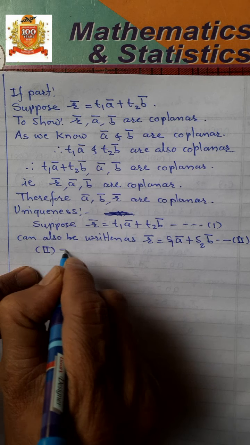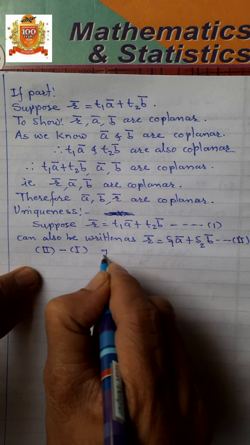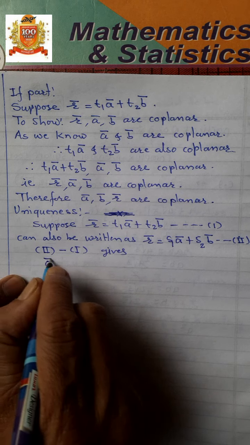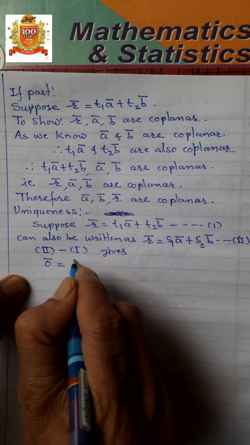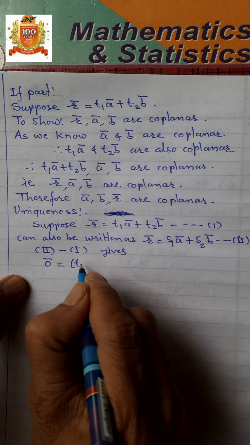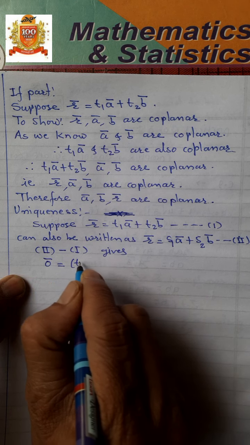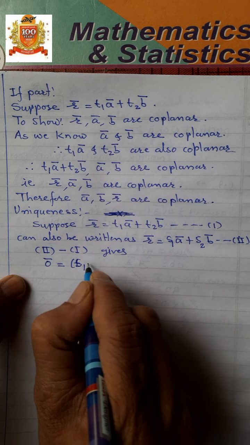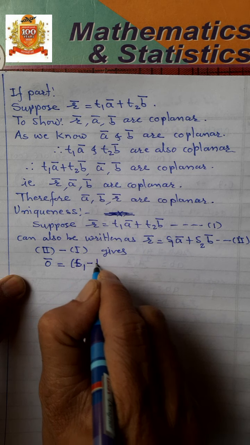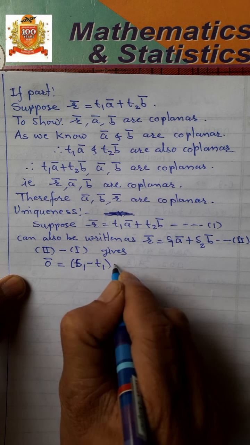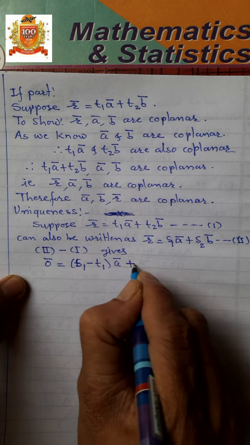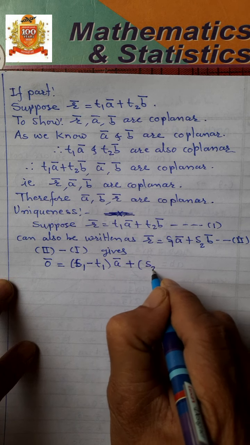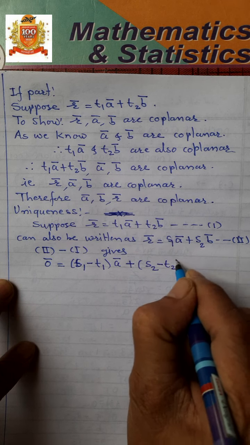Now, second minus first gives 0 bar is equal to S1 minus T1 A bar plus S2 minus T2 B bar.